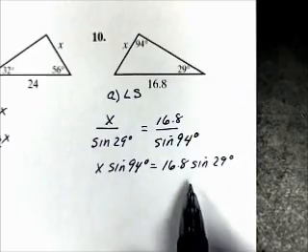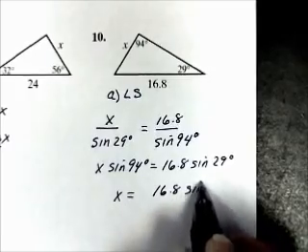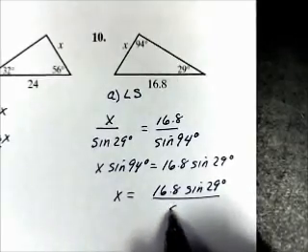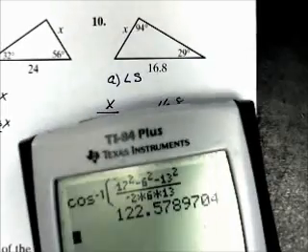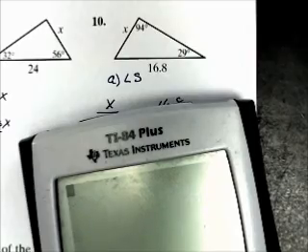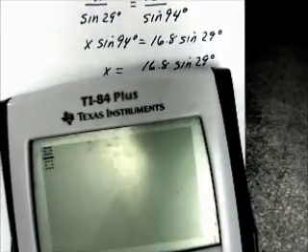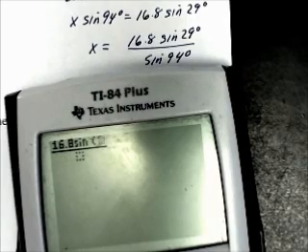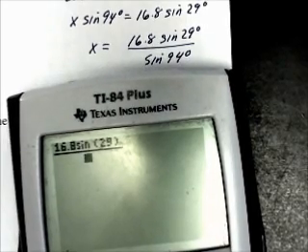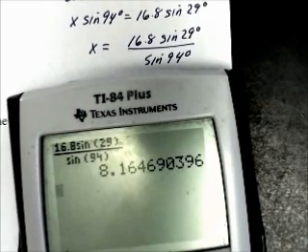Divide by sine 94, and we have x equals 16.8 times sine of 29 degrees divided by sine of 94 degrees. Go to the calculator. 16.8 times sine 29 divided by sine 94. Rounding to nearest tenth, 8.2.